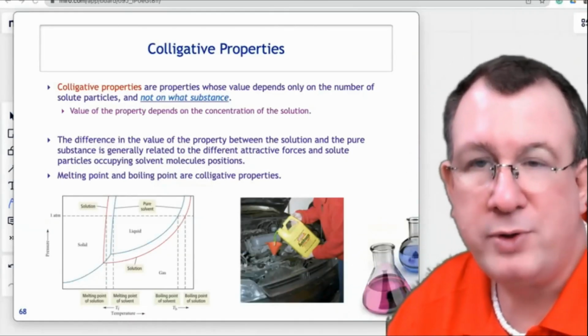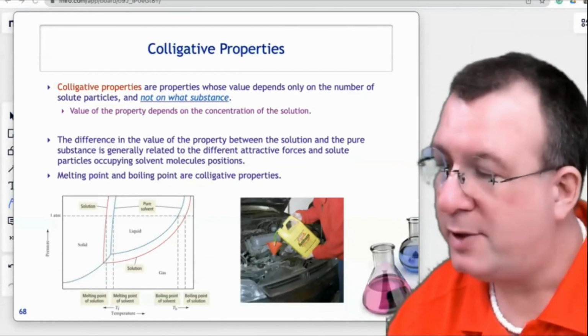like I said, it only cares about the particles, not the nature of the particles.